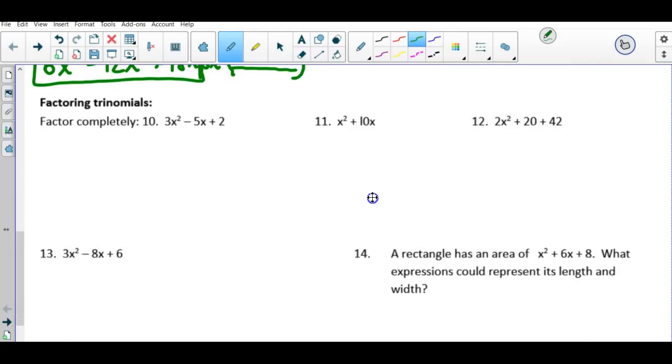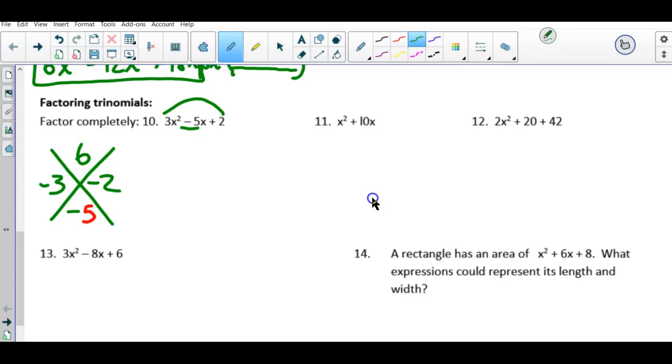Factoring trinomials, this is the X box. We're trying to break this up into the binomials that look like that. So this is the hard type, 3x squared. I do not have a GCF, so the top, 3 times 2 is 6. The bottom, negative 5. That's going to give us negative 3 times negative 2.